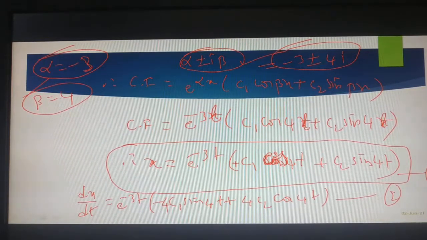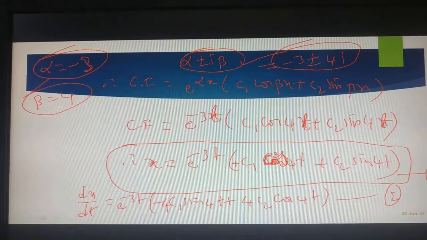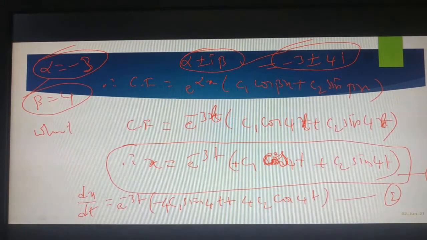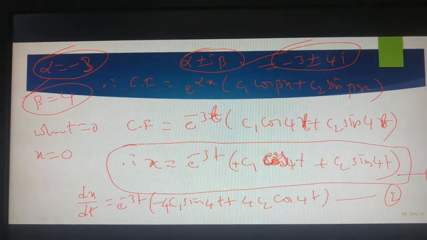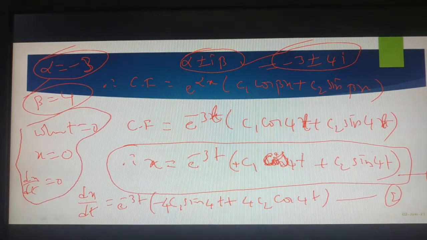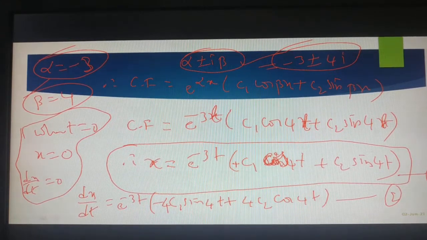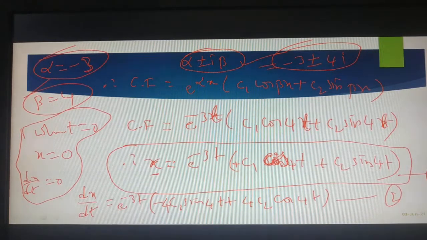So we have equation number 1 and 2. Now what we are going to do in the next slide: when t is equal to 0, they are given initially x value is 0, and dx by dt value is given. These are called initial conditions. So I can substitute in equation 1 x equal to 0, then t value is 0.